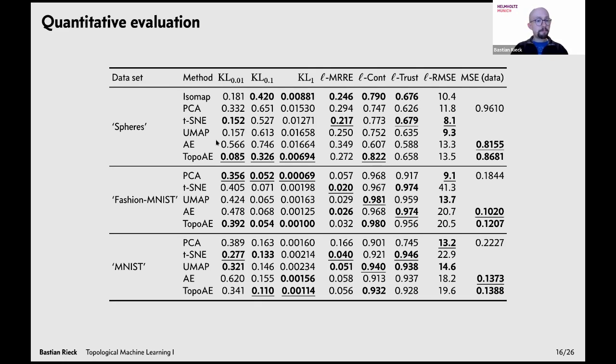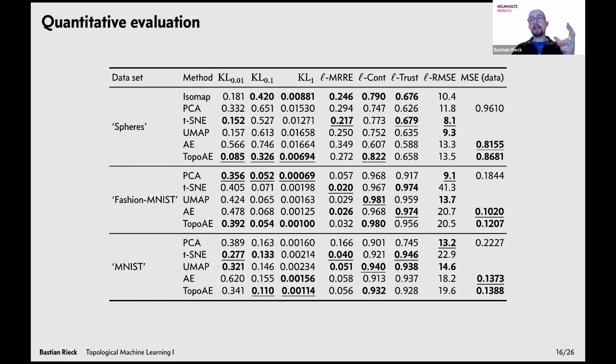First, in many data sets, I should say, the topological autoencoder is either the first, so this is underlined and bold, or the second, so this is just bold. It's either the first or the second best method of the batch of comparison partners. So that's good, but moreover, it also does not substantially change the reconstruction loss.